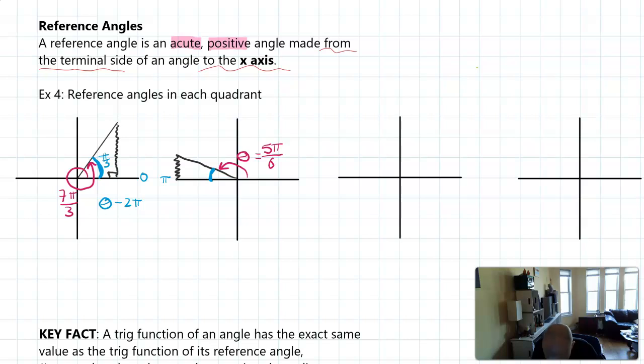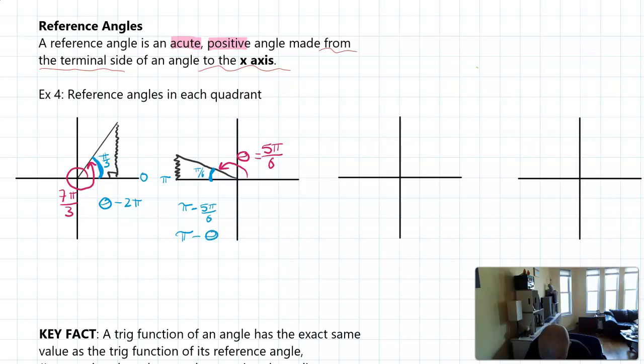In this case, we're looking for how far we have to go to get to pi. So I would do pi minus 5 pi over 6, which gives me a reference angle of pi over 6. So the reference angle in this case is the smaller angle, pi over 6, and generally in quadrant 2, you can do pi minus theta.